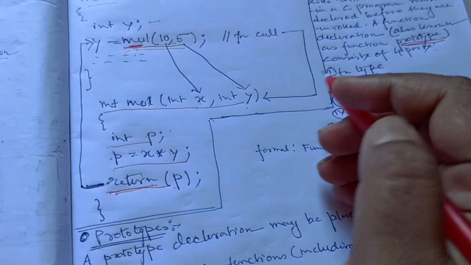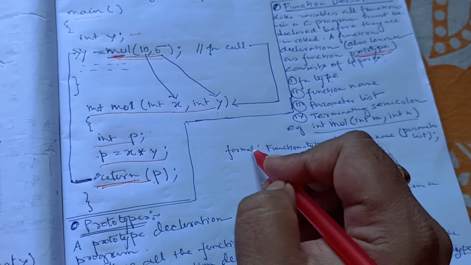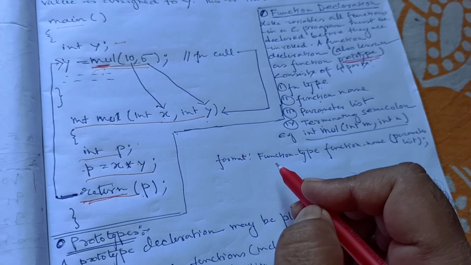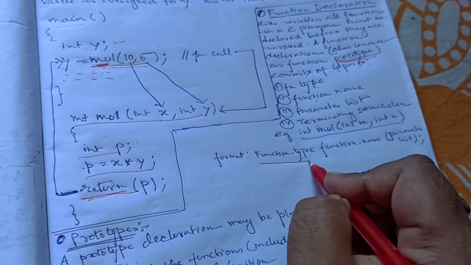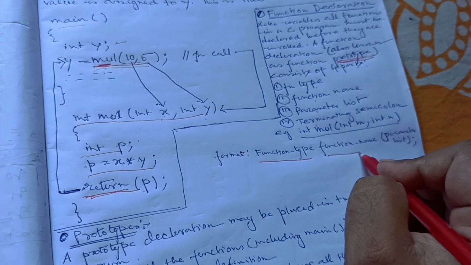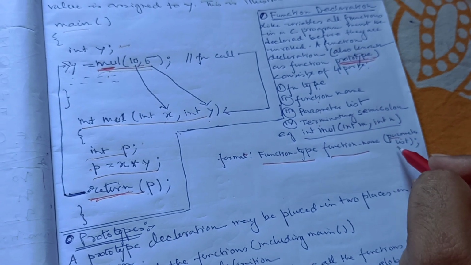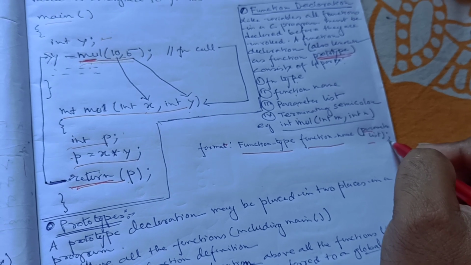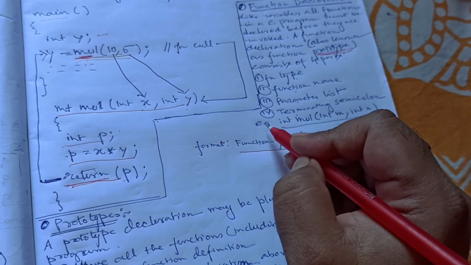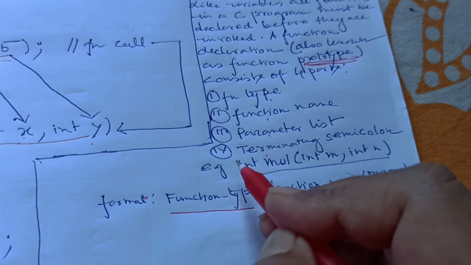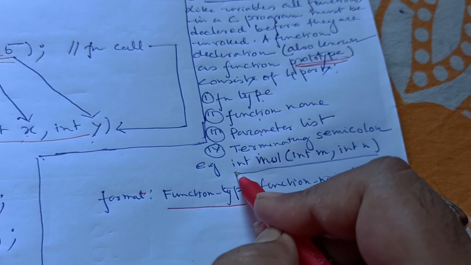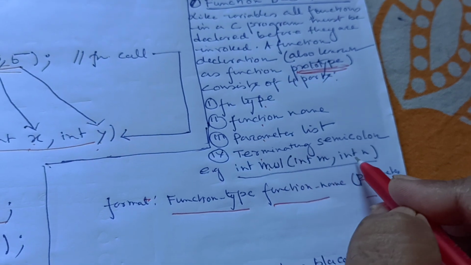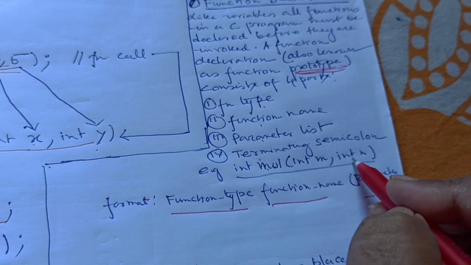You can see how we declare a prototype. First is the function type, then the function name, then the parameter list, and finally a semicolon. In the example, first is the type int, then the function name mal, and the parameter list int m, int n.